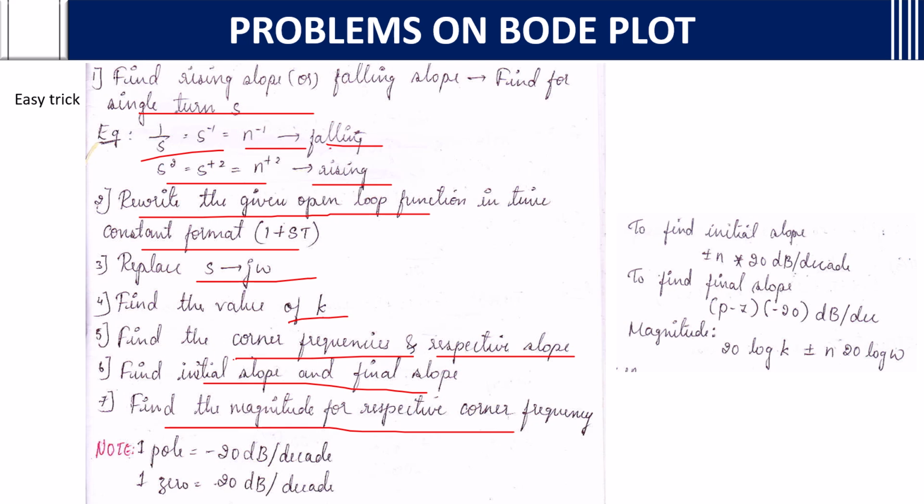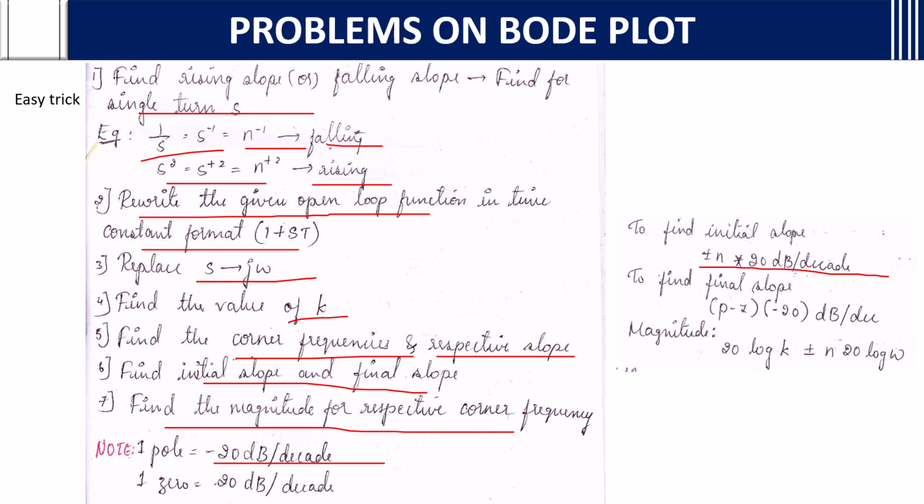Then note, if it is a pole, it is minus 20 dB by decade. If it is a zero, then it is plus 20 dB by decade. To find the initial slope, it is plus or minus n into 20 dB by decade, where n is the number of poles or number of zeros.